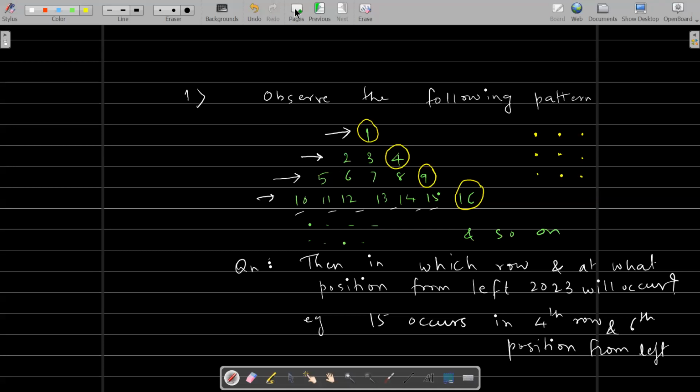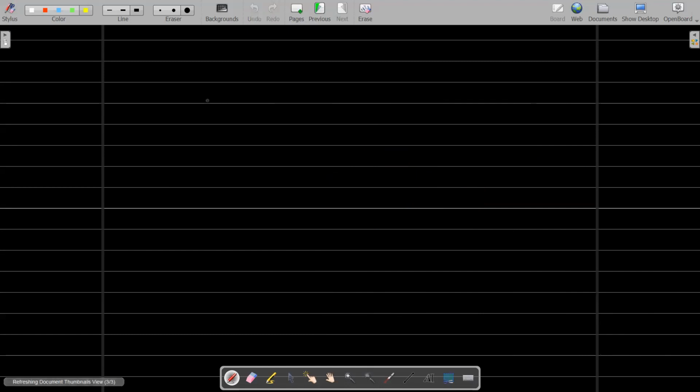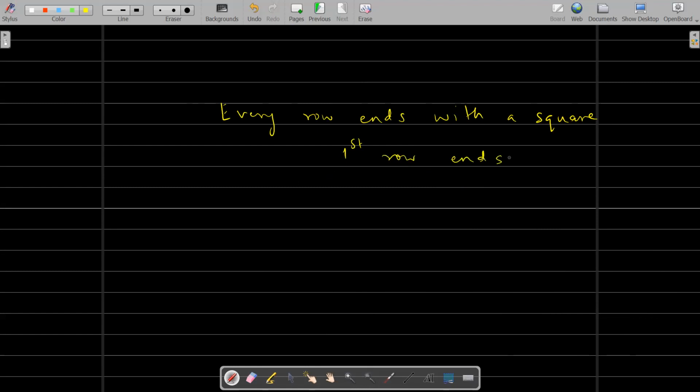So we have squares ending at each row, right? Every row ends with a square. The first row will end with 1 square, that is 1. The second row ends with 2 square, which is 4.